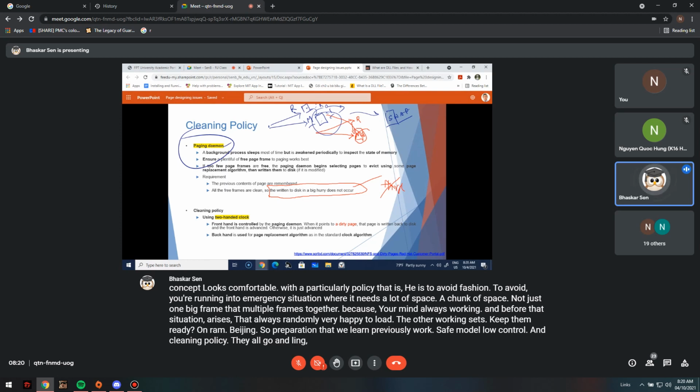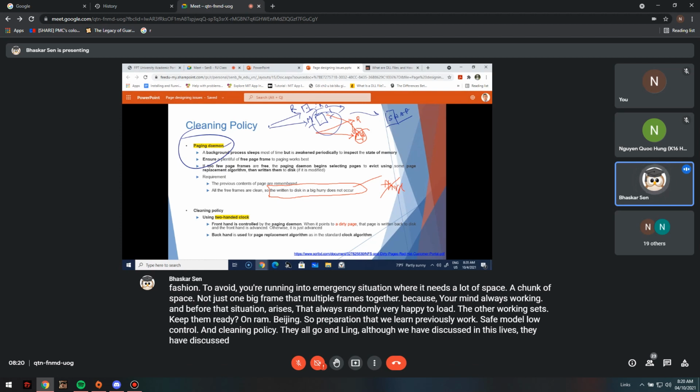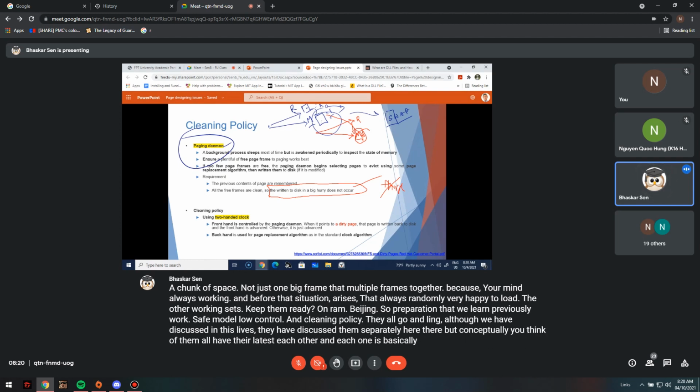Although we have discussed them separately in these slides, conceptually you should think of them all happening together. They're related to each other, and each one is basically complementing or supporting the others.